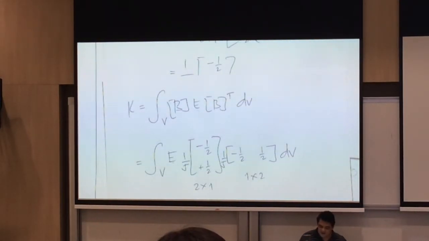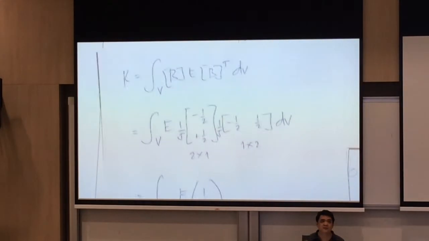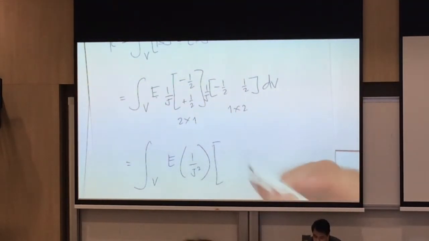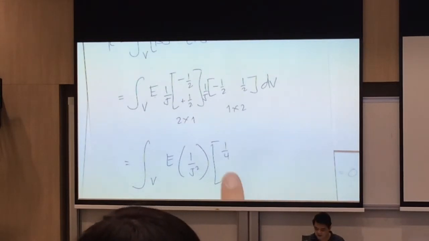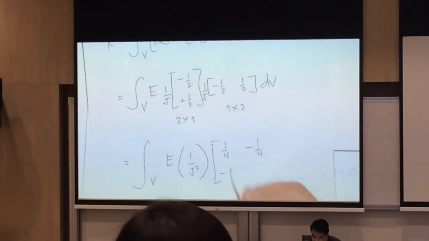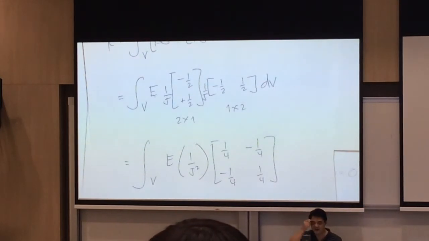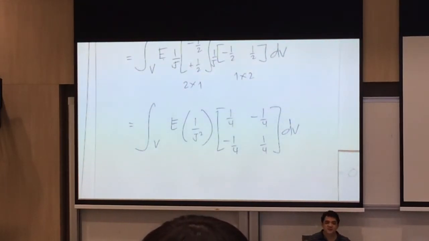Good? 1/4 minus 1/4 and then 1/4. Well, getting better. dV. Yes? What else?